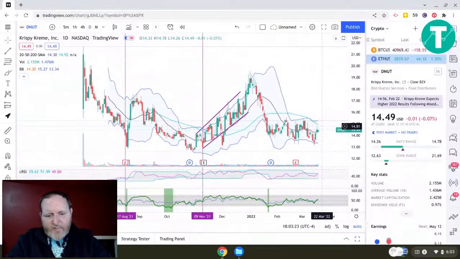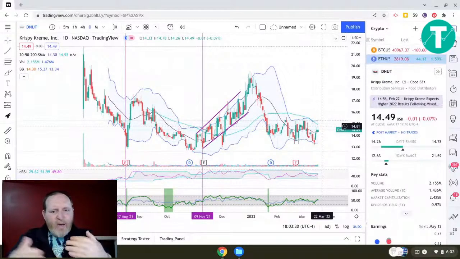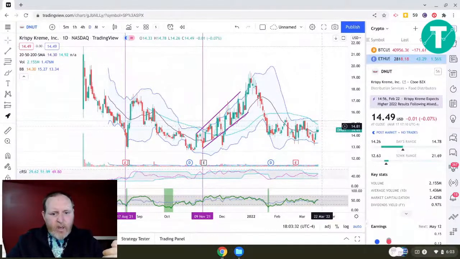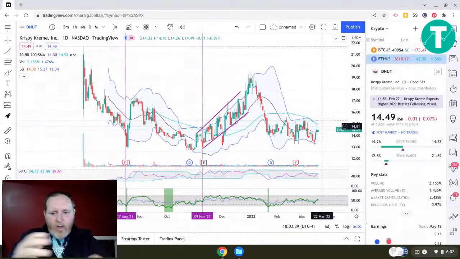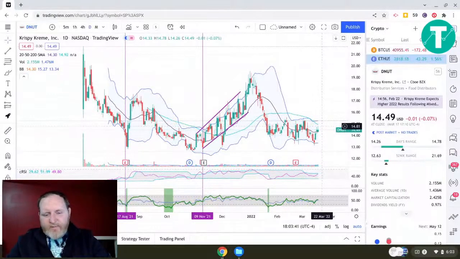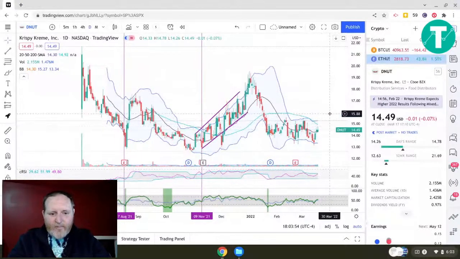It's definitely a company that's been around for a while, and it finds its pockets again, kind of like Sweetgreen, but on the opposite end of the spectrum here. Sweetgreen is healthy and good for you. And Krispy Kreme is a treat, a delight, full of sugar, but delicious. Cannot complain about that at all.